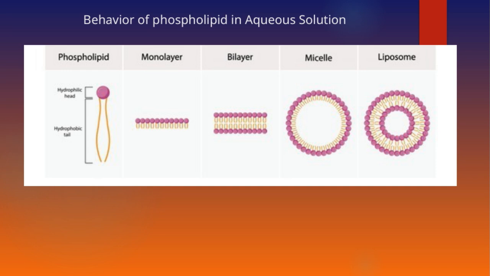Understanding this behavior is crucial because it explains how cell membranes form and maintain their integrity in aqueous environments. It also highlights the importance of phospholipid properties in membrane fluidity and functionality. So, in essence, the behavior of phospholipids in water underpins much of what we know about cell structure and dynamics.